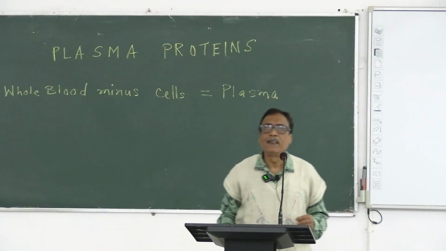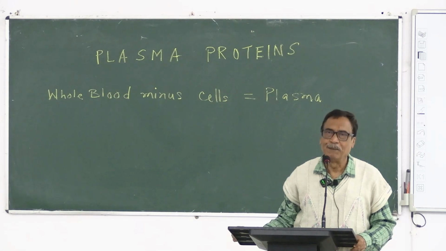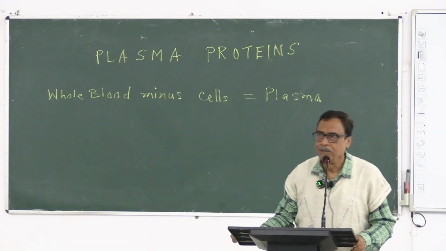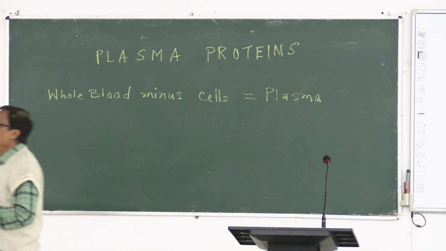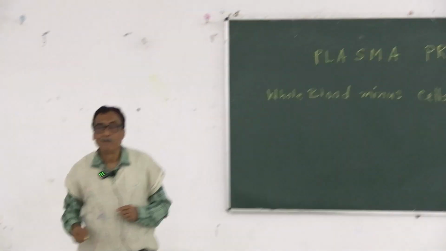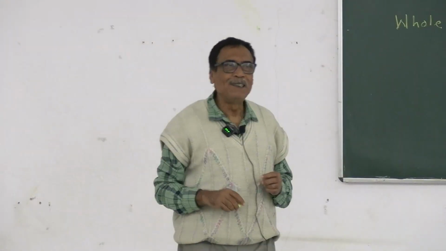Now, another word, that is serum. What is serum? How does it differ from plasma or blood? Which component will be minus from the plasma? Only one factor, that is fibrinogen.